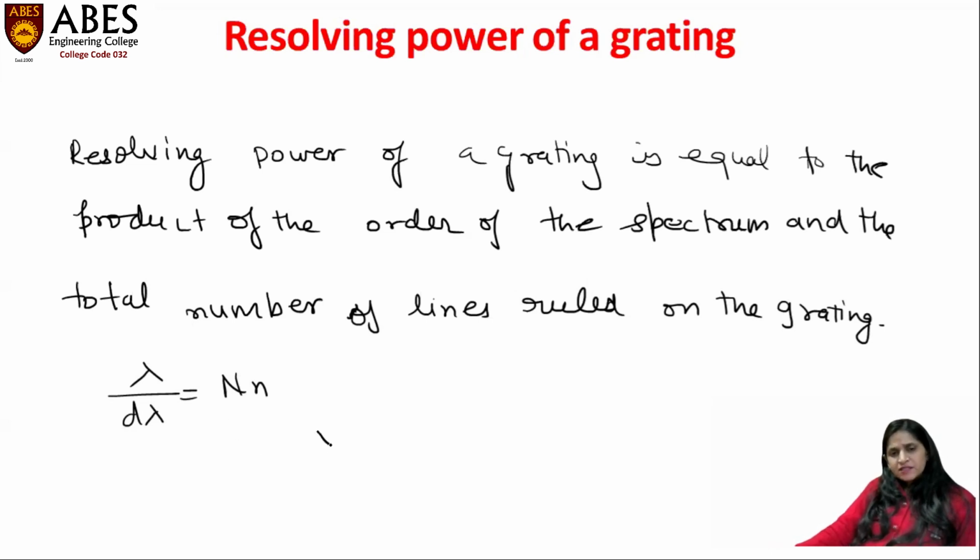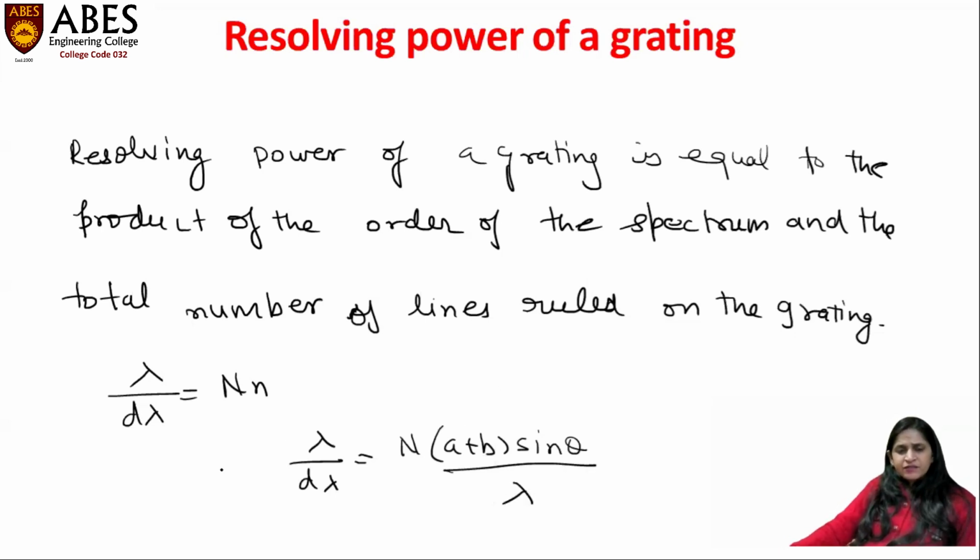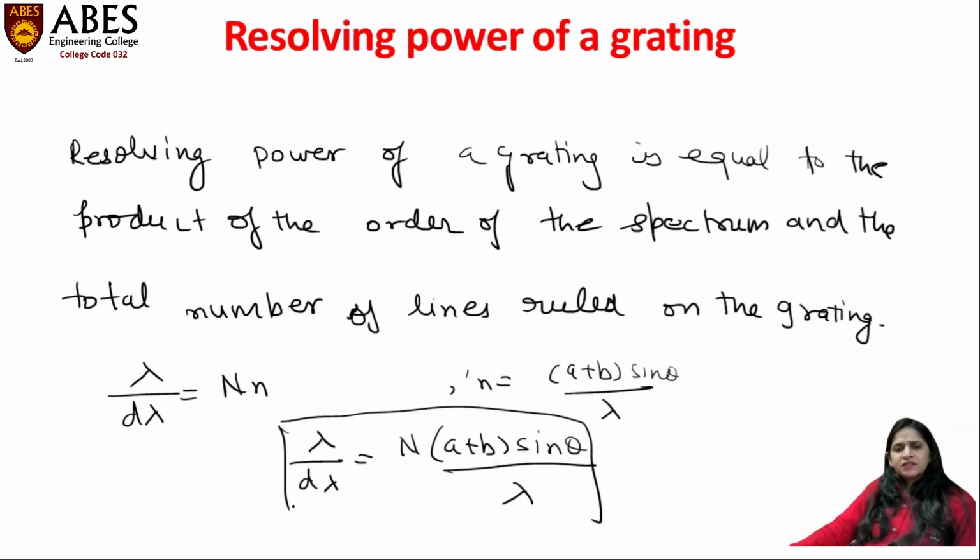We can also write this equation as lambda upon d lambda is equal to N into a plus b sine theta upon lambda, as from the grating equation the value of n is a plus b sine theta upon lambda. So this is another manner of writing the resolving power of a grating.